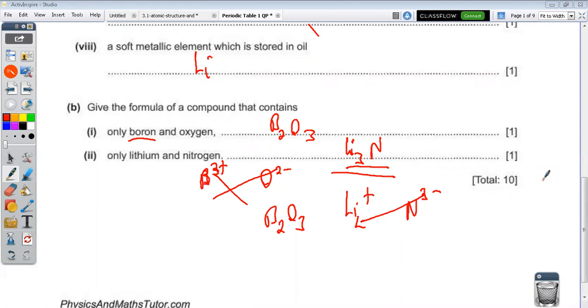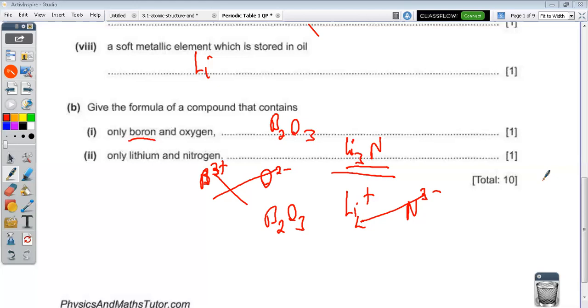Lithium nitride. Not correct. You have an idea.